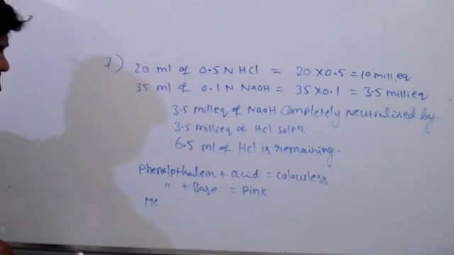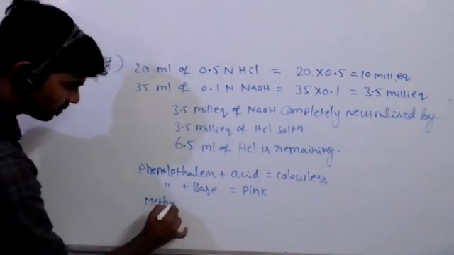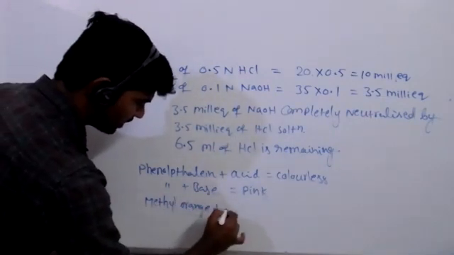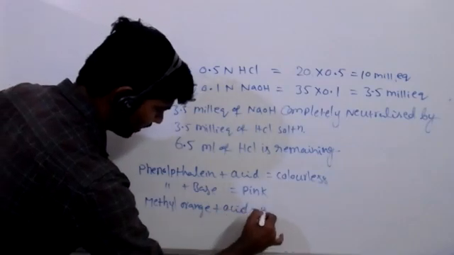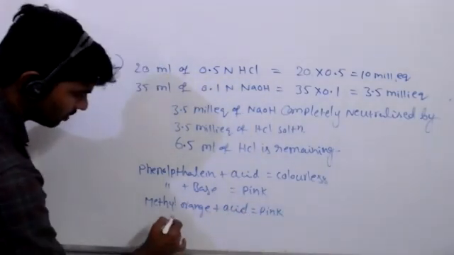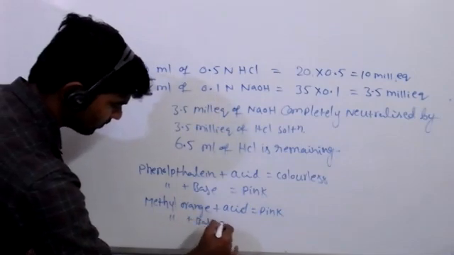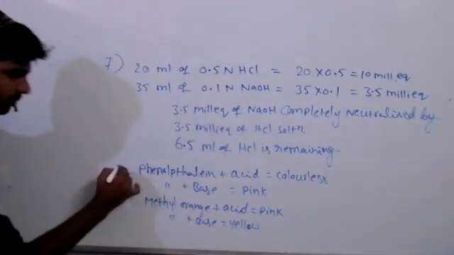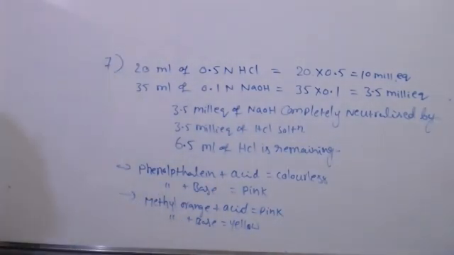It's a neutralization reaction. Methyl orange plus acid, pink. Methyl orange plus base, yellow. So I think the answer is D only. Turns methyl orange to red, because I was thinking red means acid and yellow means base. That's why.